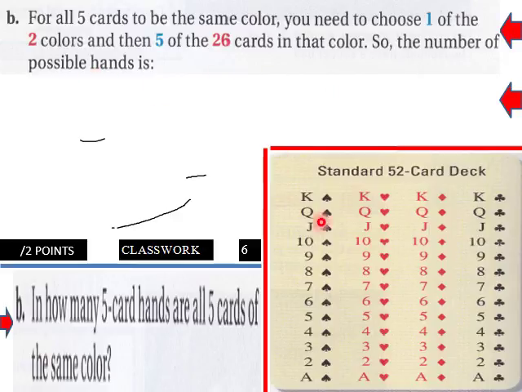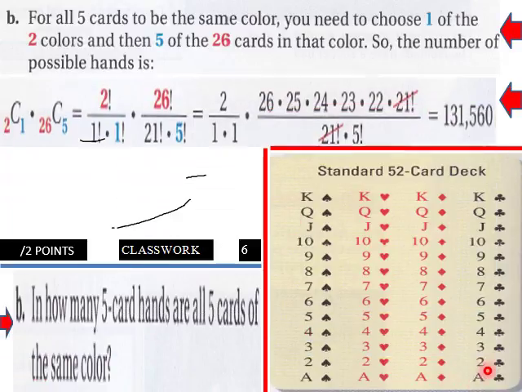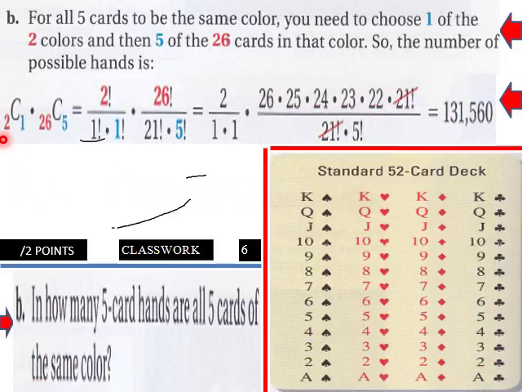So the number of possible hands, here are your different colors here. Standard 52 card deck contains these different denominations here of cards. And then so we have a compound combination here. 2 choose 1 times 26 choose 5.